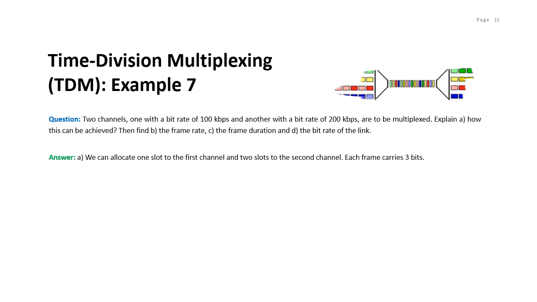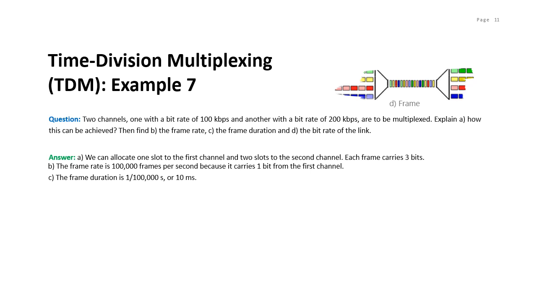For A, we can allocate 1 slot to the first channel and 2 slots to the second channel. The second channel is with the higher bit rate, 200 kilobits per second. So each frame can carry 3 bits. For B, the frame rate is 100,000 frames per second because it carries 1 bit from the first channel.